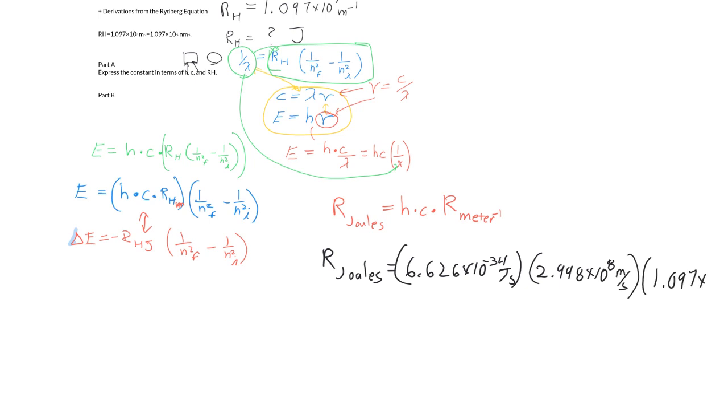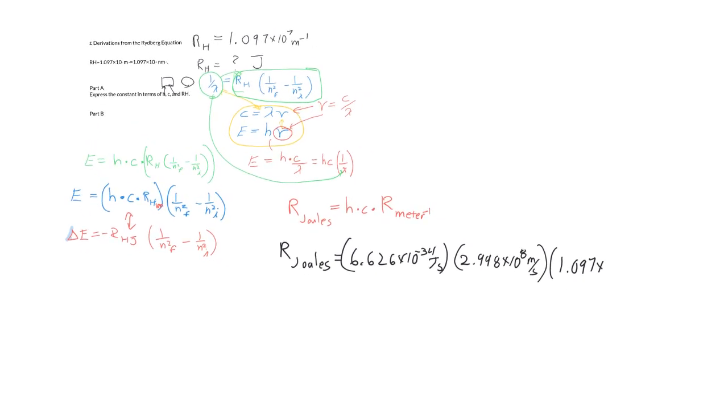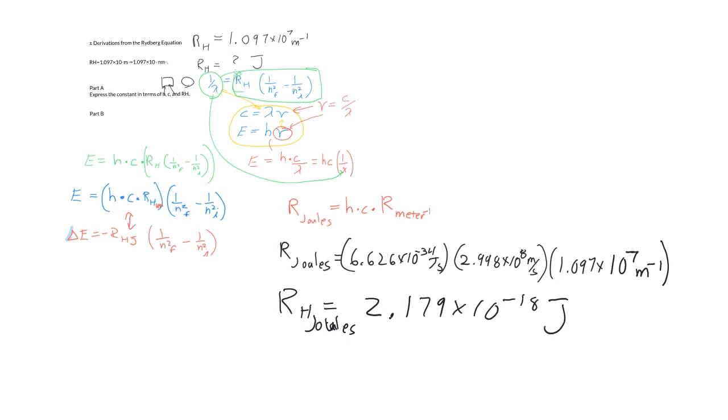We're going to be gracious enough to accept their meter value rather than go through that quick derivation ourselves, since they gave it to us in the problem. We multiply all that together, and guess what? We get that exact same value I gave you in lecture. RH in joules is 2.179 times 10 to the negative 18 joules.